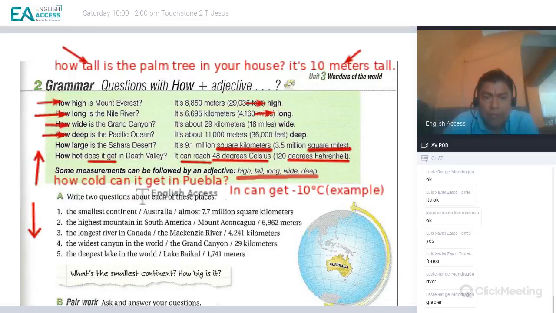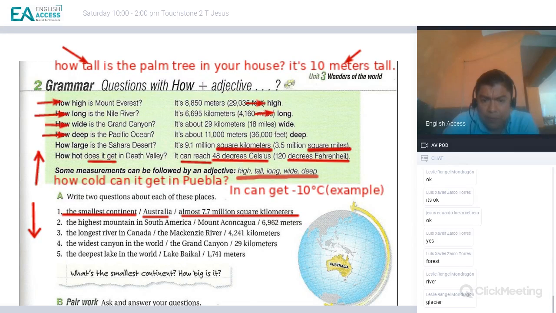Now, write 2 questions about each of these places, all right? We have here number 1. Here we have the information we need. This is the information that we need to ask about. And this is answer number 1, and this is answer number 2.